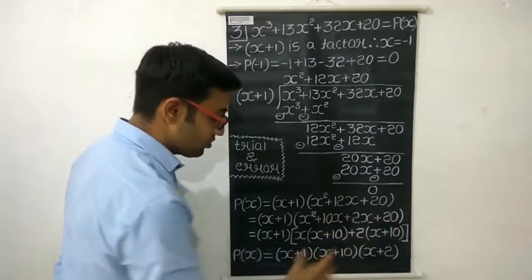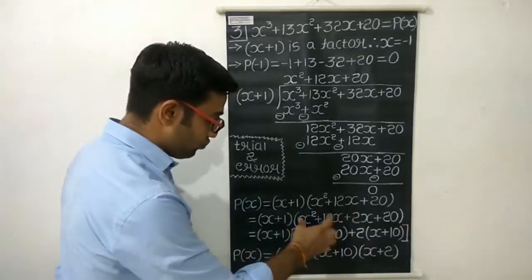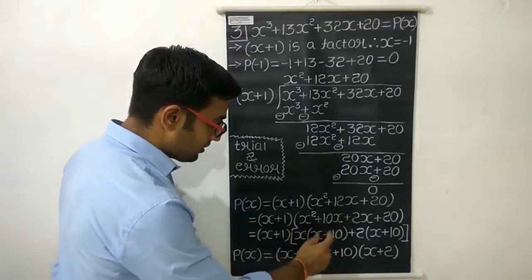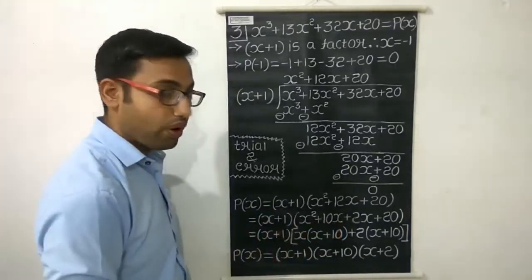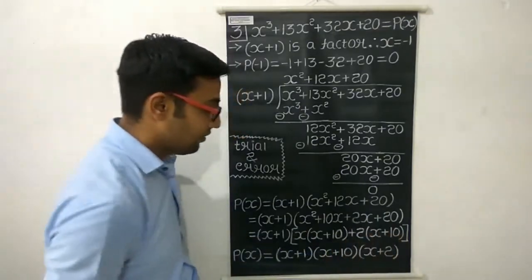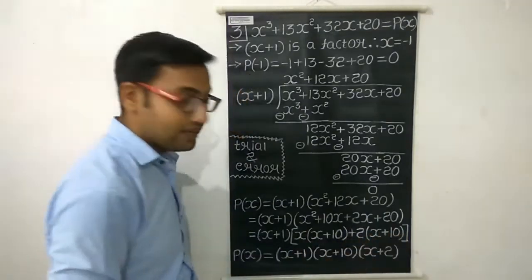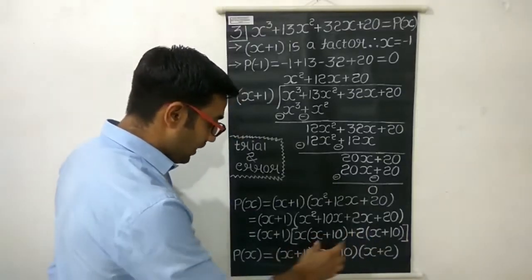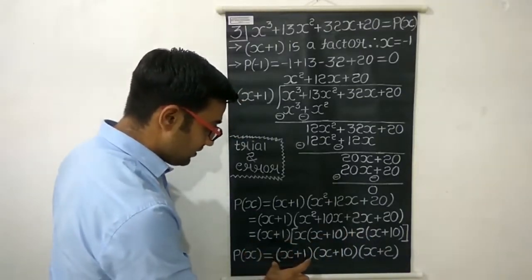Now there are 4 terms. Take the common factor from the first two. We get x as a common factor. What will remain? Here x, and here 10. Bracket is over. Take 2 as a common factor. What will remain here? x plus 10. Notice that both the brackets are equal. Take x plus 10 as a common factor. This x plus 1 remains as it is.